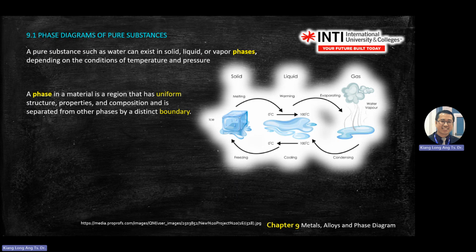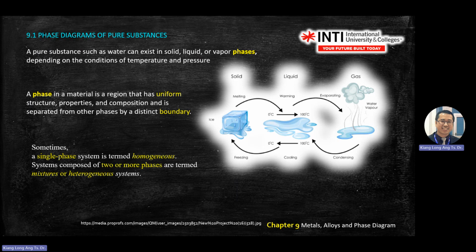These two, pressure and temperature, will affect the state of the element. We use phase to describe the physical appearance of that element. For example, solid phase, liquid phase, gas phase.